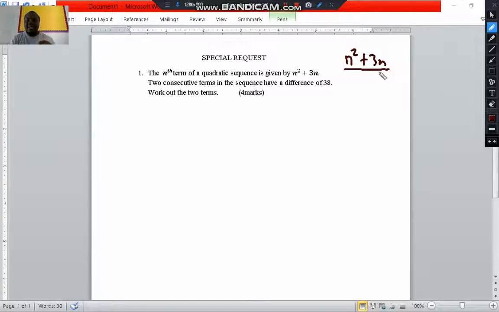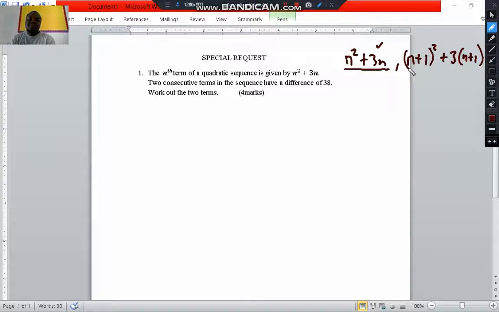So the formula for that term is going to be n plus 1, squared, plus 3 times n plus 1, because this is what will come after n squared plus 3n.